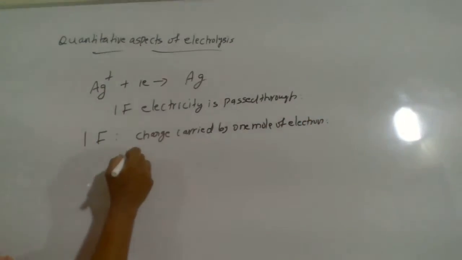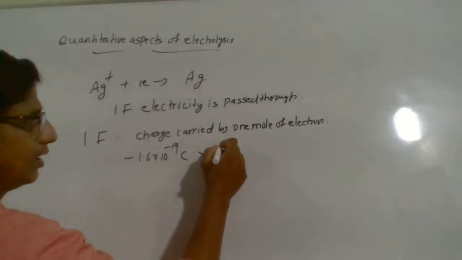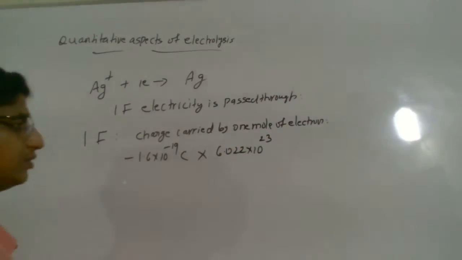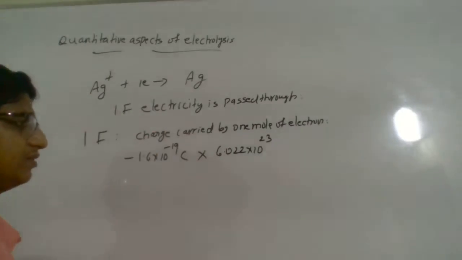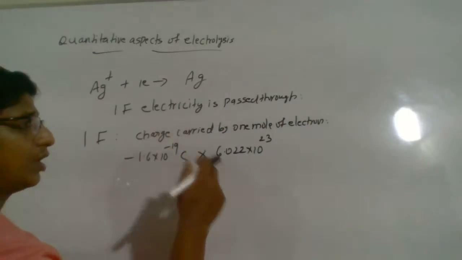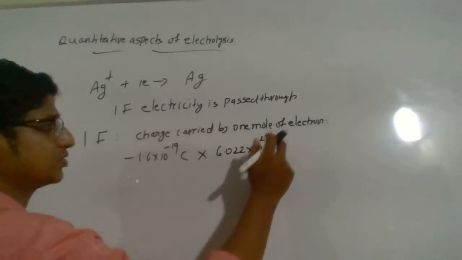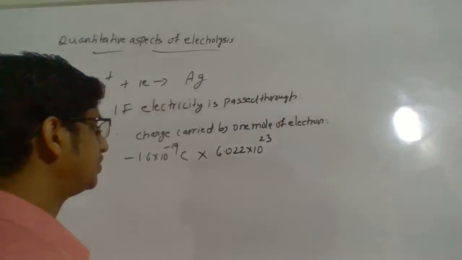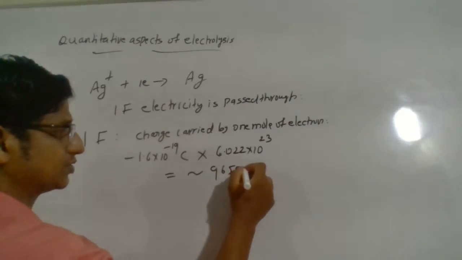We know the charge of 1 electron is 1.6 × 10^-19 coulomb. When it is multiplied by Avogadro number, 6.022 × 10^23, which is the number of electrons in 1 mole of electron, the charge carried is nearly 96500 coulomb.